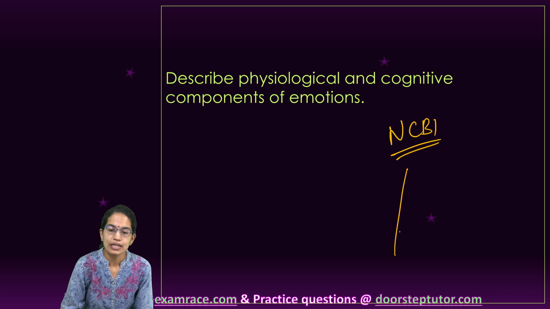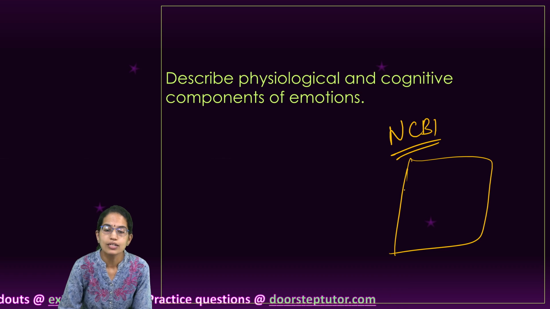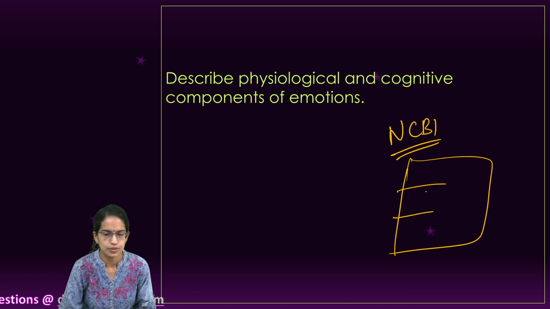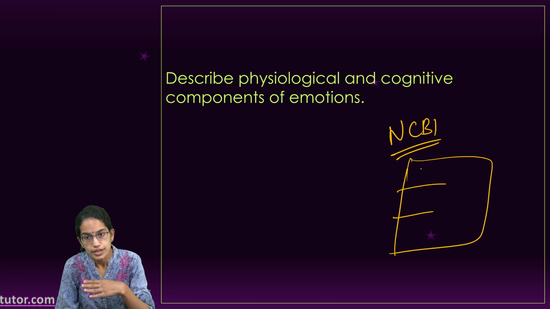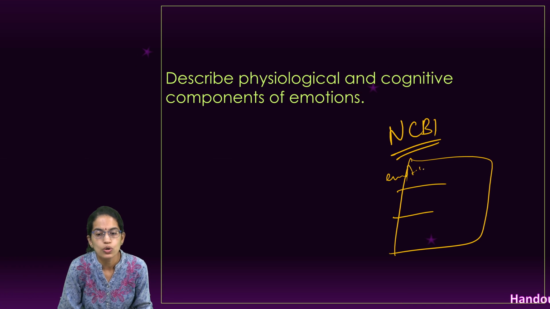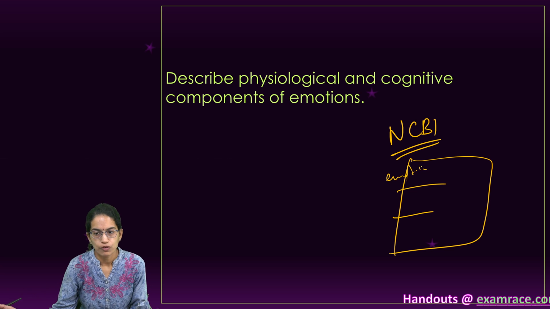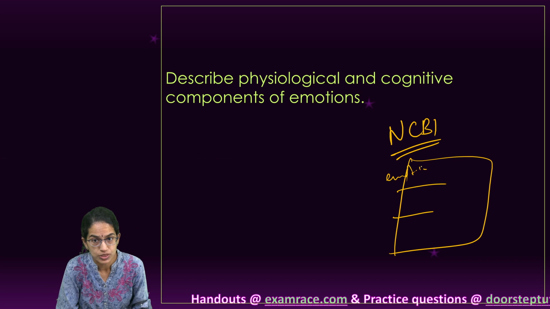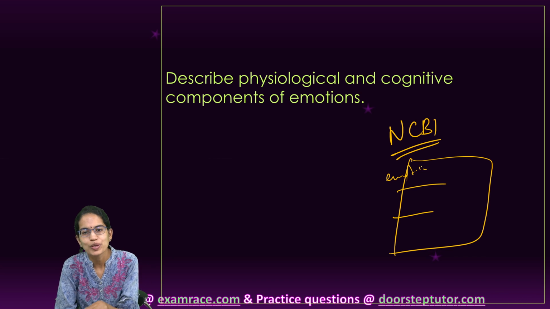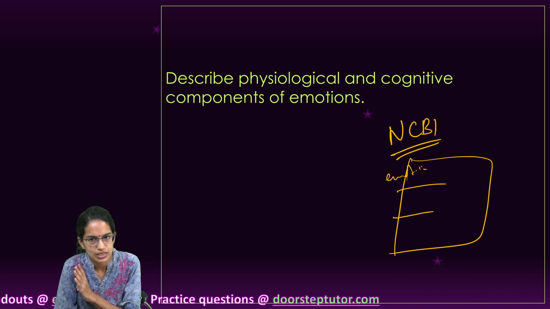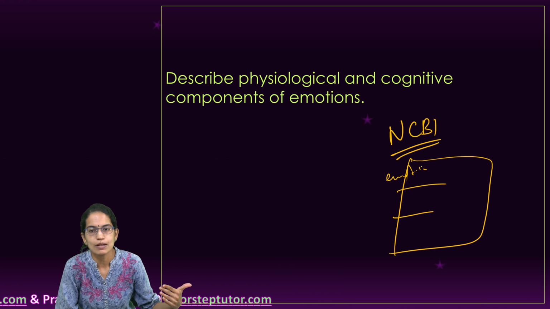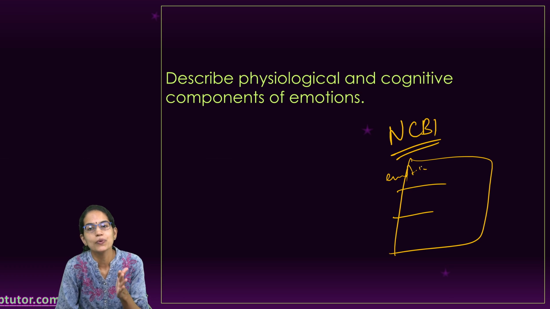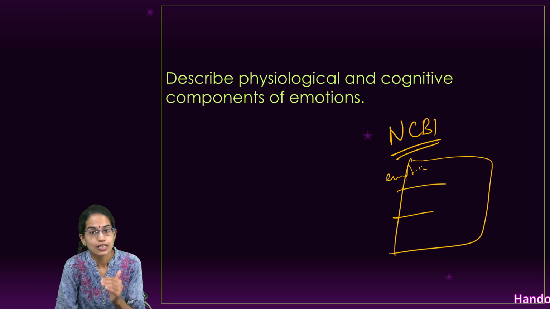You can create a notebook where you mark down important research related to different aspects. Say you read a study related to emotion: in your diary, separate out different topics, and under emotions just put an abstract of it. This abstract would be helpful when you attempt questions related to emotions. You can supplement your answers with contemporary research, and that would give you a better advantage in answer writing.